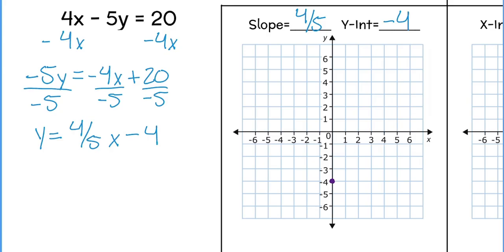And then I'm going to count up 4, 1, 2, 3, 4, and right 5, 1, 2, 3, 4, 5, and put a little dot. And then I'm going to do my very best to draw a straight line through my 2 dots.